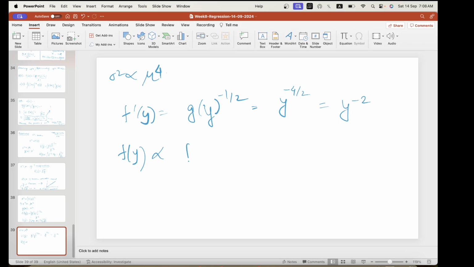So fy would be proportional to the integral of 1 by y squared dy, so this would be proportional to 1 by y. In that case the required transformation would be y to 1 by y, and then that would be fitted on the regressors.